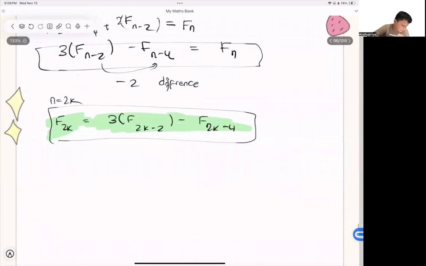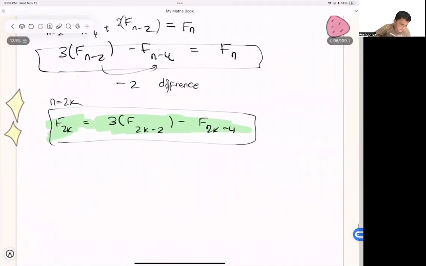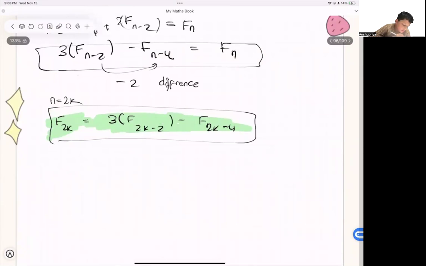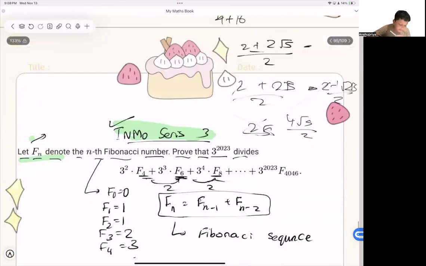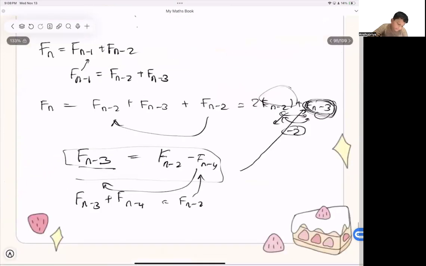Important equation. So now what will I do after this? I will put 2k is equal to 4, because I want to get something that cancels everything out and gets one neat expression in the end. Okay.